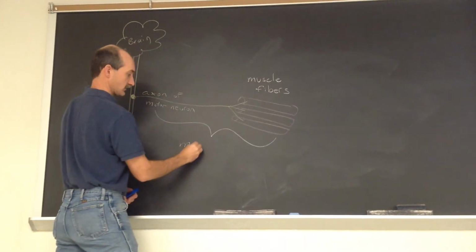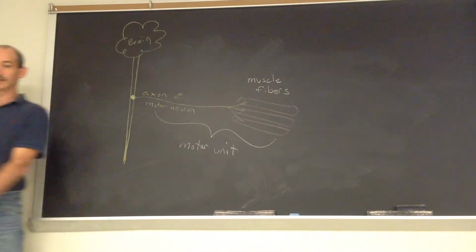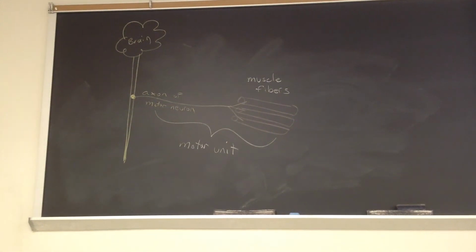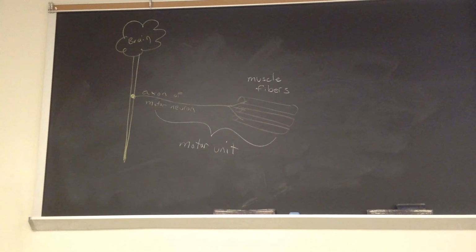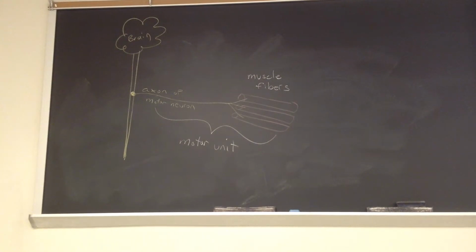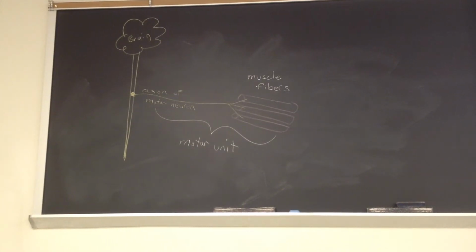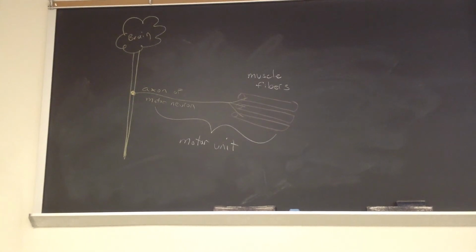This is a motor unit. A motor unit consists of a motor neuron and all of the fibers that it controls. It controls them in all-or-none fashion. When that motor neuron sends a message and fires, it causes all three of those to contract at once. It cannot contract just one of them. It contracts all three or it does none.